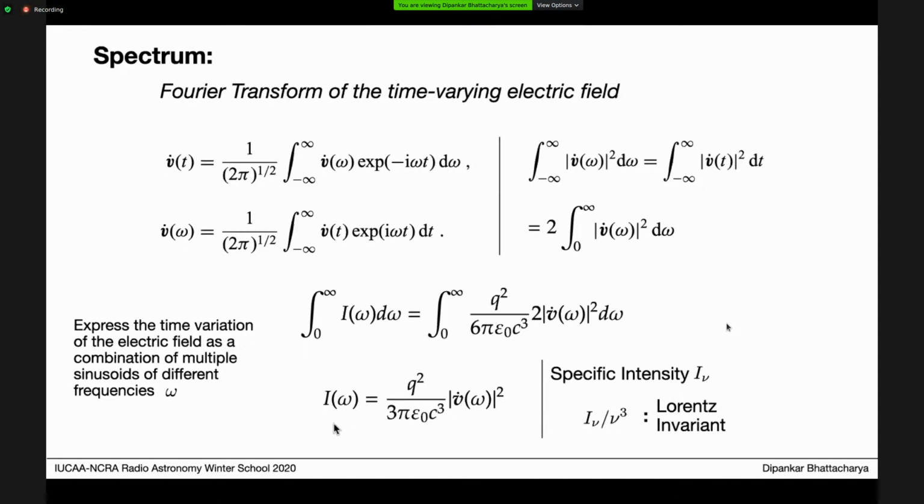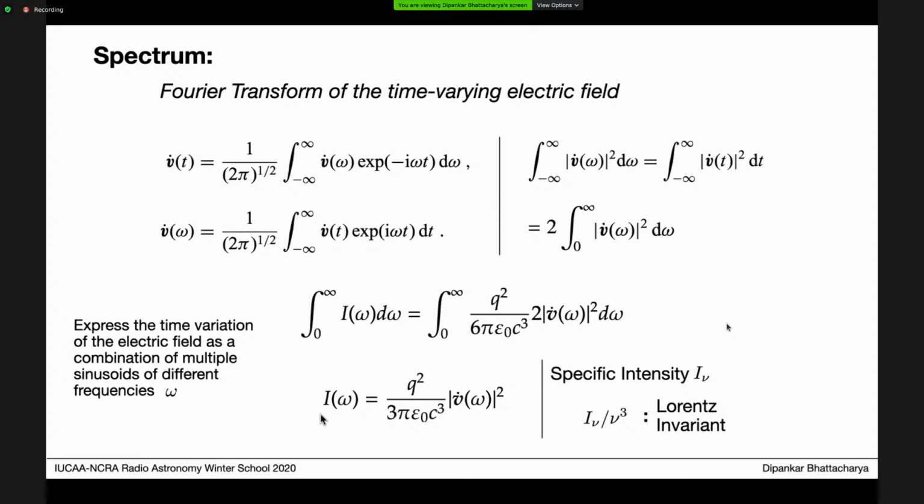Now I introduce this quantity I of omega. This is intensity per unit frequency band. That is energy crossing per unit area, per unit time, per unit frequency band.